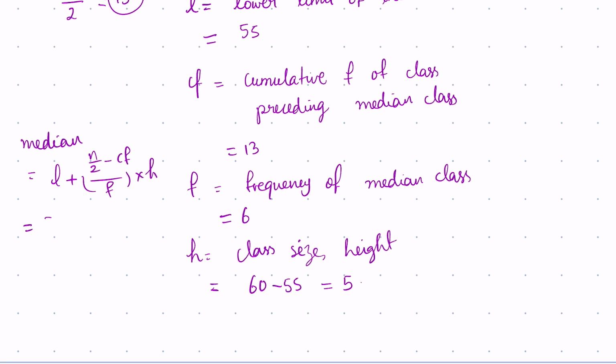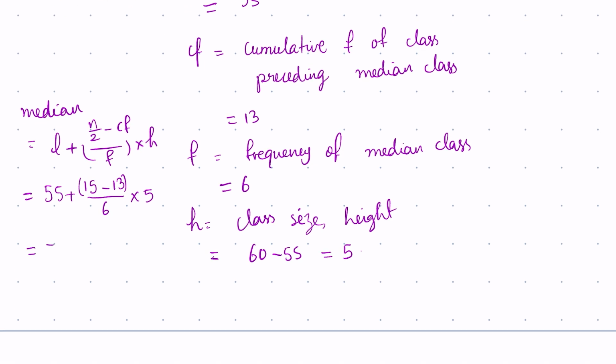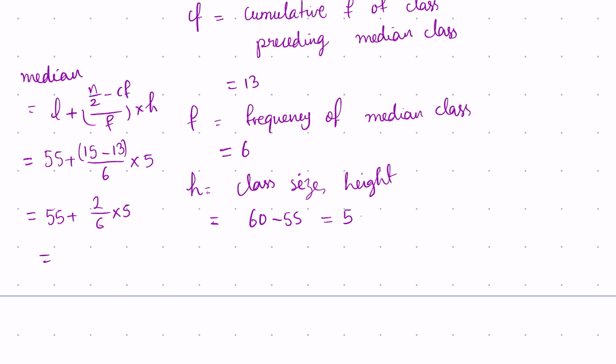This is 55 plus n by 2 is 15 minus CF, that's 13, divided by F, which is 6, times H, which is 5. So this is equal to 55 plus 2 by 6 times 5, which gives us 170 by 3, which is approximately 56.67 kg. That's the median weight of the students.